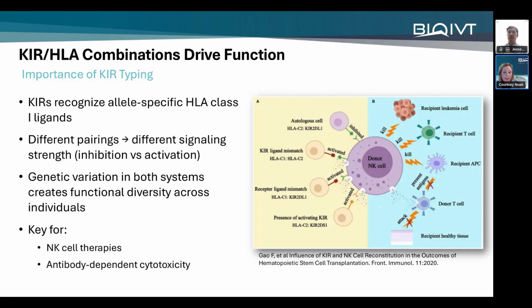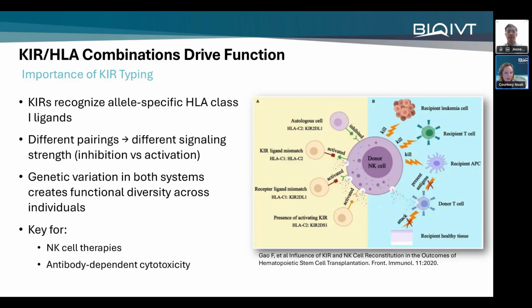Those can lead to either strong inhibition, which maintains tolerance to self, or they can allow for activation and downstream cytotoxicity. So the functional state of an NK cell is not determined by the KIR alone or the HLA alone. It's really that combination.